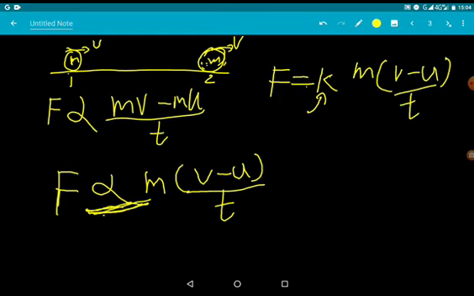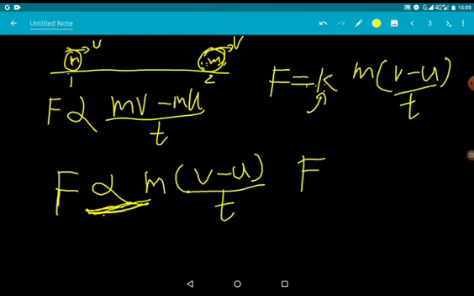But if you are substituting SI units for all of these, then this k will be 1. So if you are using SI units, this k will be 1.